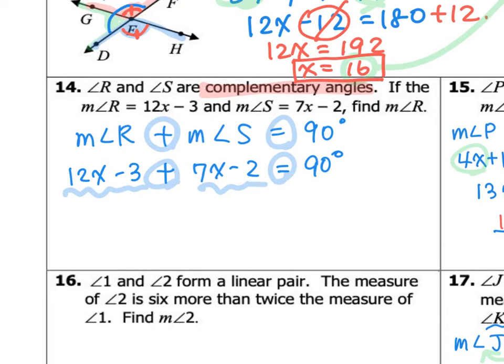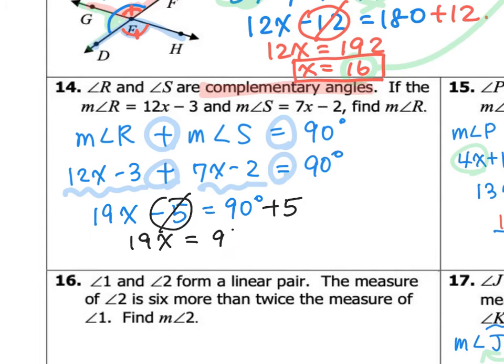Now, combine the like terms. Yes, 12x plus 7x is 19x. Negative 3 minus 2 is negative 5, equals 90 degrees. So now adding 5 on both sides, we'll cancel this out. So 19x equals 95. Divide by 19 on both sides.